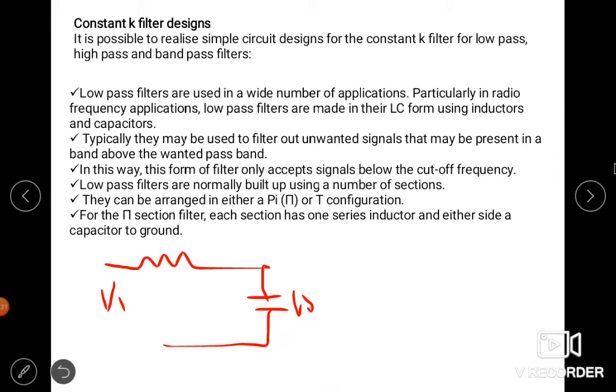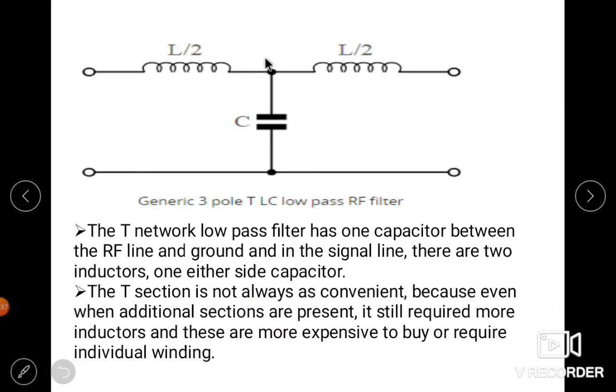So this is the first step of designing the K filter. See, this is nothing but the T network low pass filter, with one capacitor between this RF line and the ground, and the signal line.